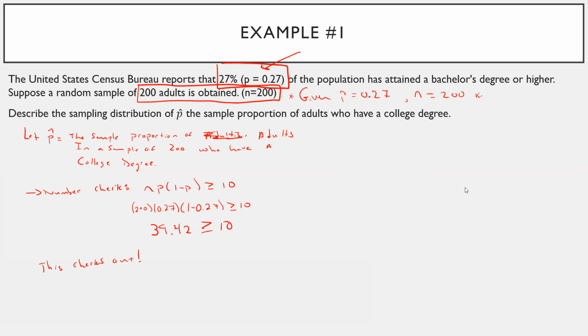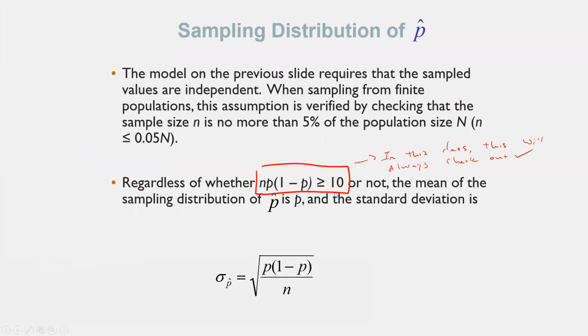So here's what we can now say, because this number checks out. Thus, the sampling distribution of this P hat is normally distributed with mean.